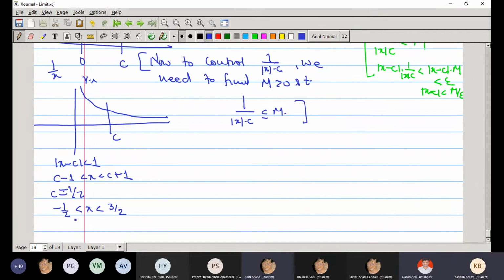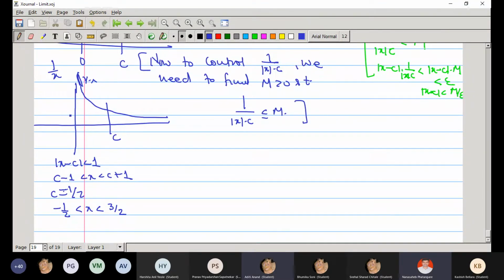But when I put this restriction that |x minus c| is less than 1, and c is half, because I am doing this for general c, this range contains 0, but near 0 the function is unbounded. The function goes to larger and larger values. So we cannot control f(x) in such a situation.